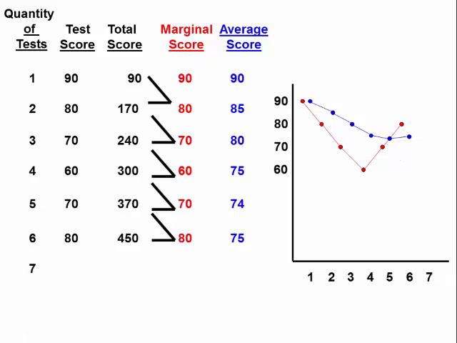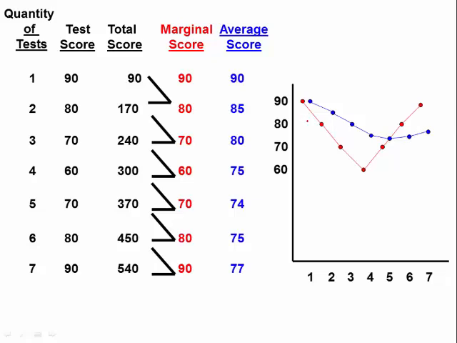Finally, you take your seventh test and you get a 90 on it for a total of 540. Your marginal is 90 and your average is 77. Notice that the marginal is above the average, and if it's above the average, it starts pulling the average up.